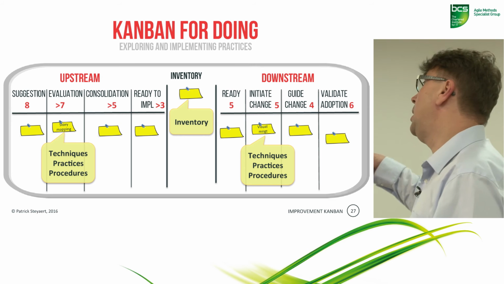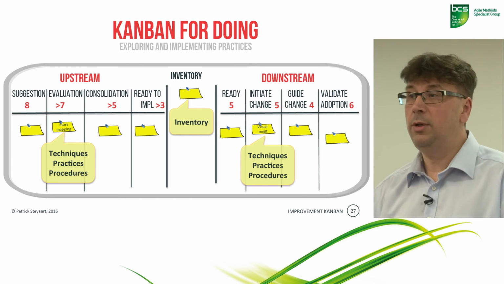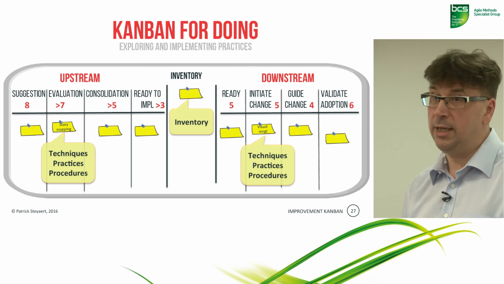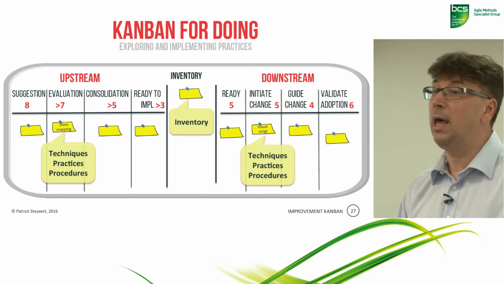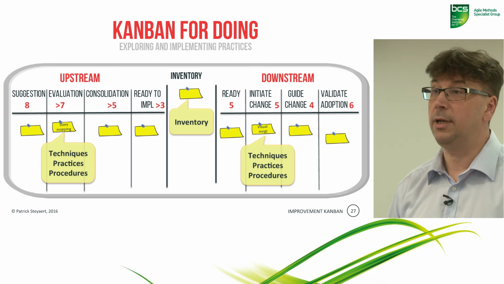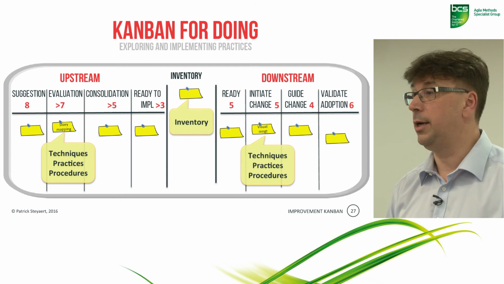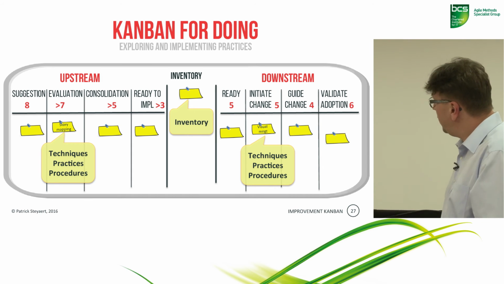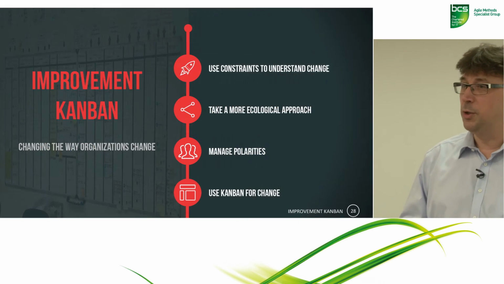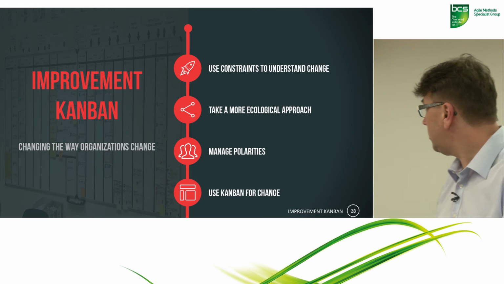And again, you want to make both the learning as well as the doing feasible, in order for teams to be able to collaborate around that and share experiences around that. Okay, so that kind of sums it up in terms of improvement Kanban.